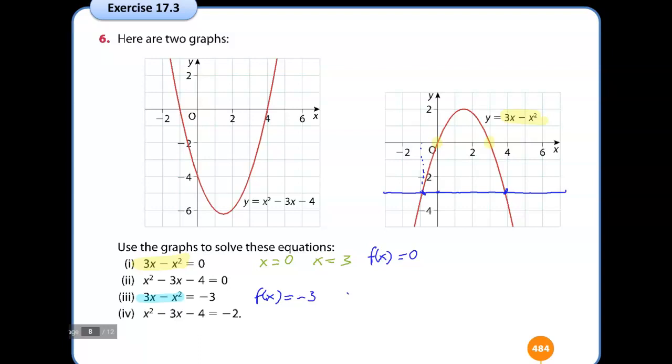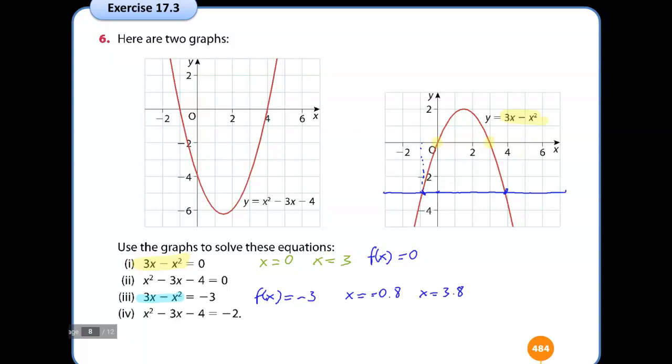For the sake of argument, we'll estimate it's minus 0.8, and we'll estimate that it's 3.8. You might come up with 3.9 or 3.75. There are a number of different answers that could be come up with.